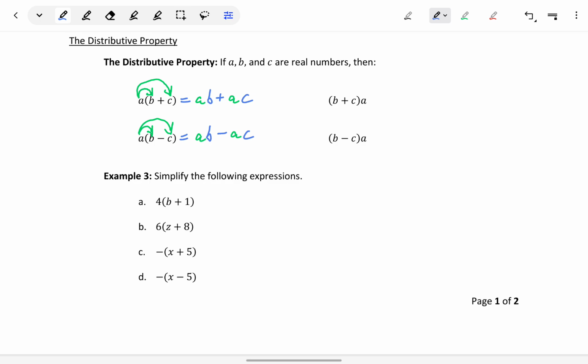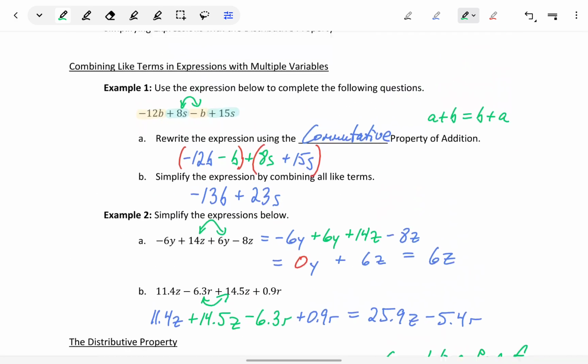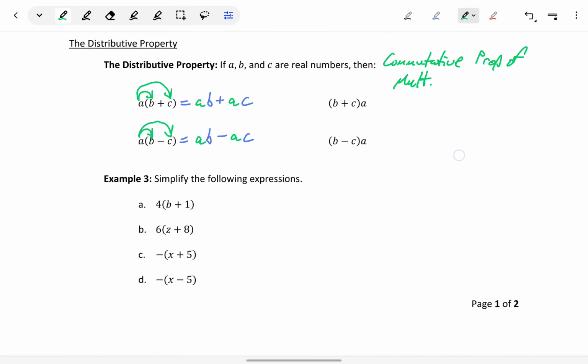And similarly, we can do this if the expression in parentheses comes first, because we have what's referred to as the commutative property of multiplication, which is very similar to the commutative property of addition. It tells us that A times B is equal to B times A. So it doesn't matter what order we have this originally written in.